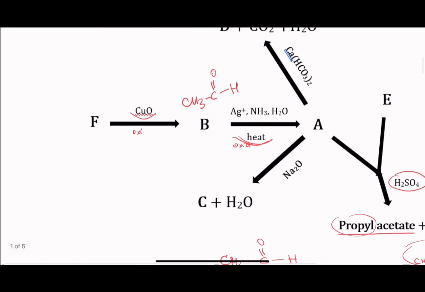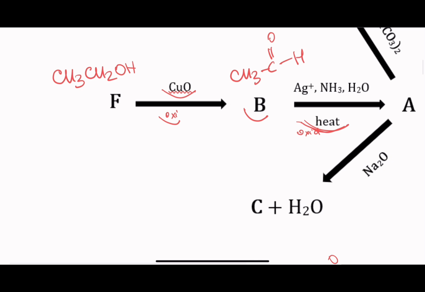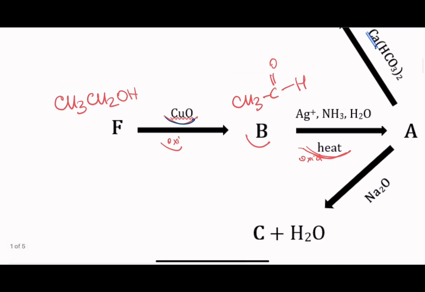Now this one happened in B, another oxidation. Now this one came from CH3CH2OH. Okay. Now from here, we did an oxidation step where we removed 2 of the hydrogens and made this aldehyde.